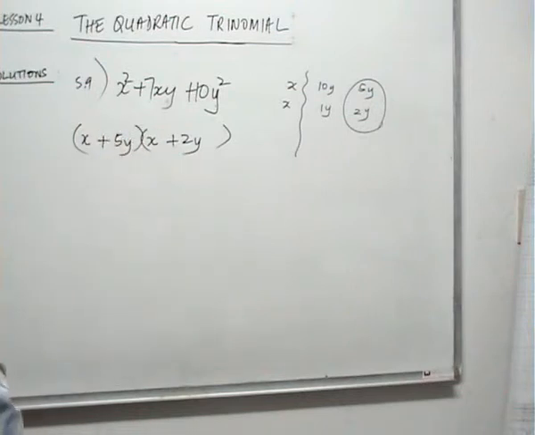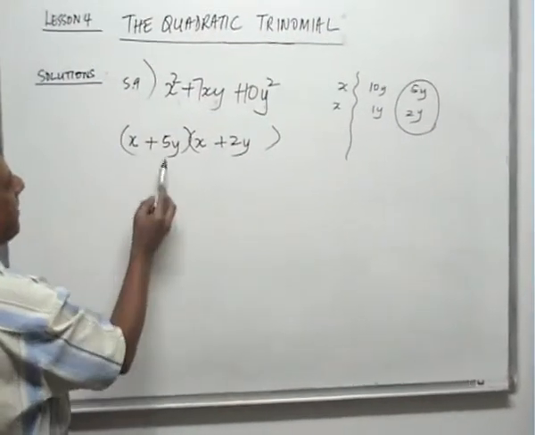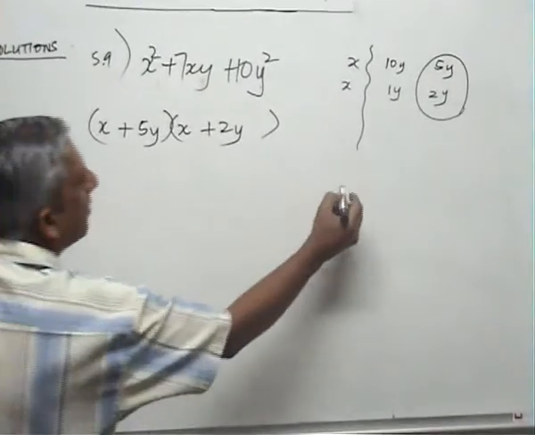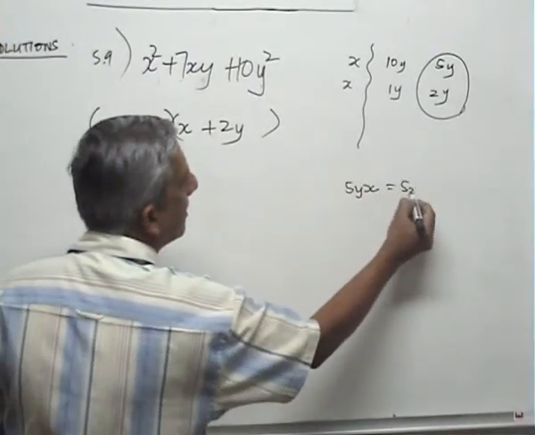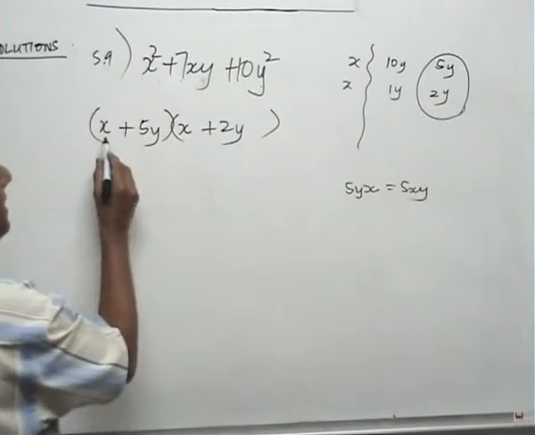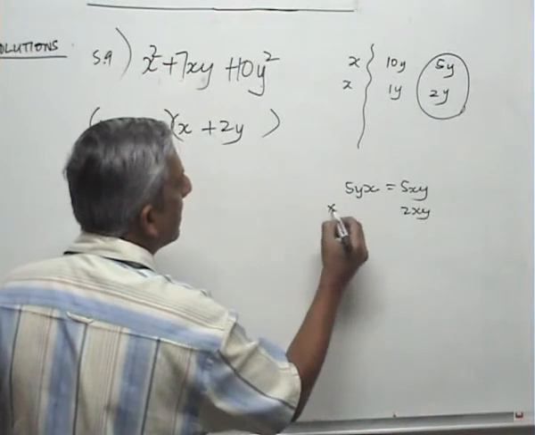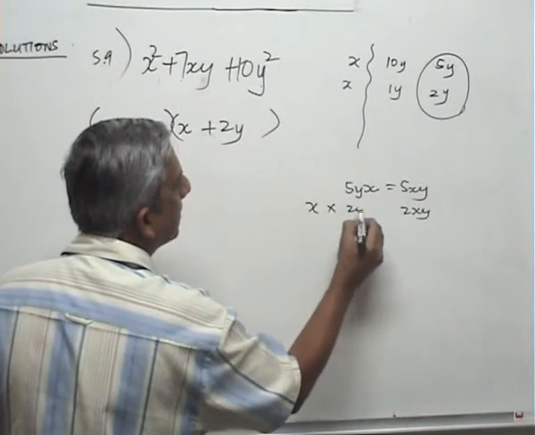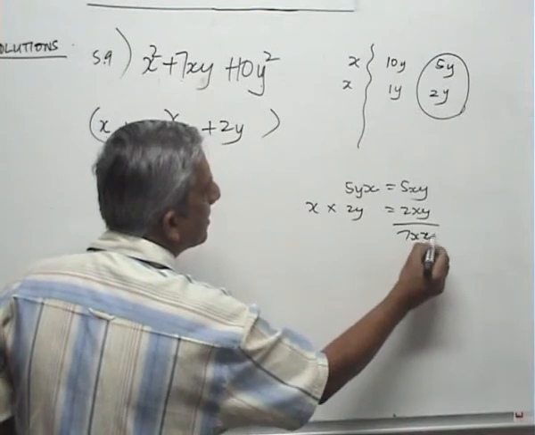I'm just going to do this one just to show you. See, x times x will give you x squared. 5y times x will give you 5yx. Or the same thing is 5xy. And then x times 2y will give you 2xy. And when you add that up, you get 7xy.